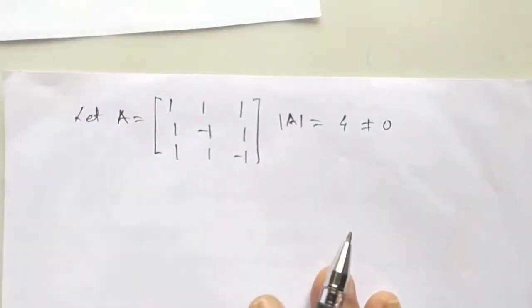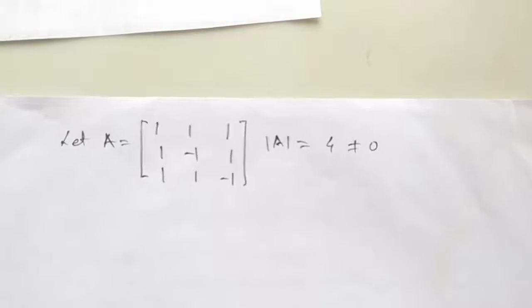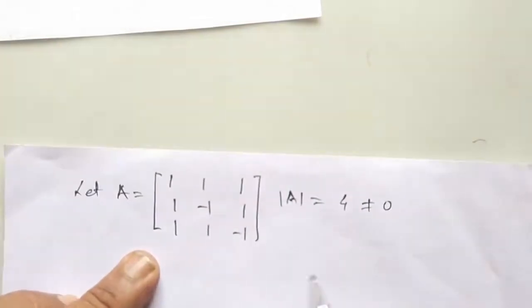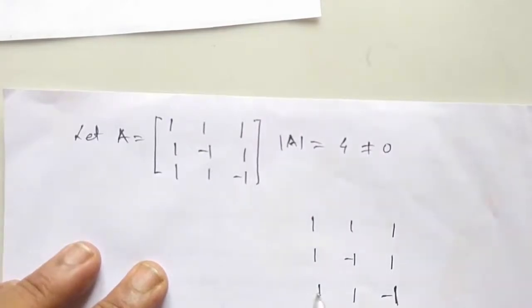Now first write all the elements of the matrix: 1 1 1, 1 minus 1 1, 1 1 minus 1. Follow the trick, understand carefully.